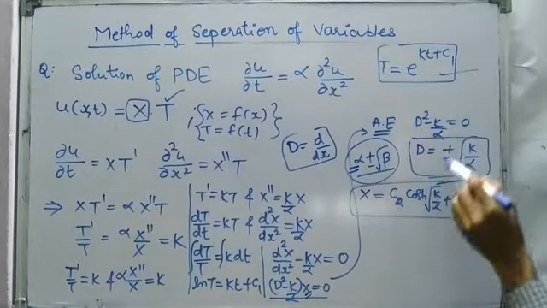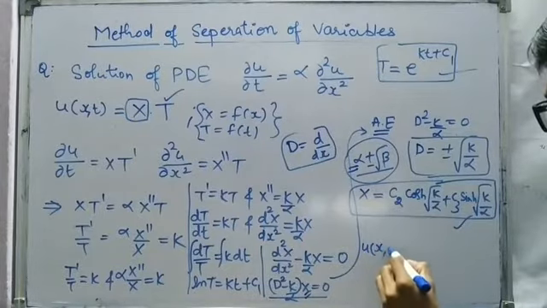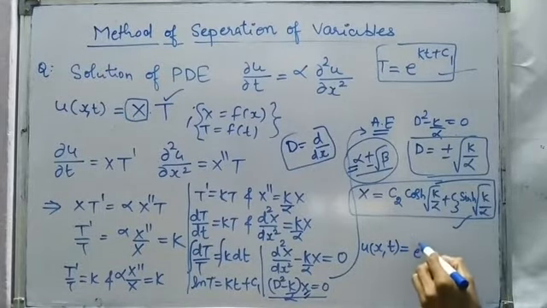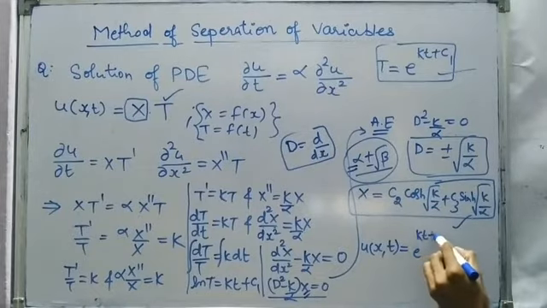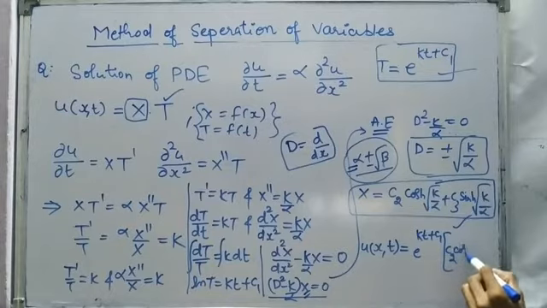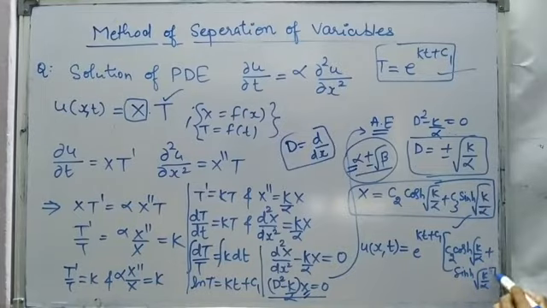So we have capital X with us and capital T with us. So we have the function u of x comma t is equal to capital X into capital T, which is nothing but e power kt plus c1 into c2 cos hyperbolic root over k by alpha plus c3 sin hyperbolic root over k by alpha.